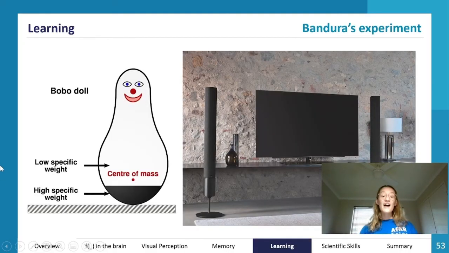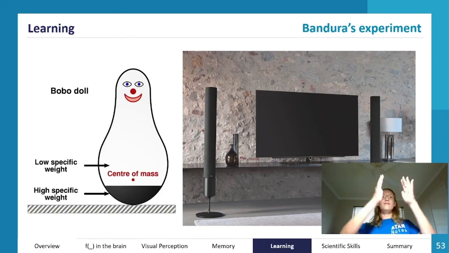All right, our third type of learning was social learning theory, which arose from Bandura's experiment with a giant Bobo doll, which you can see on the screen.